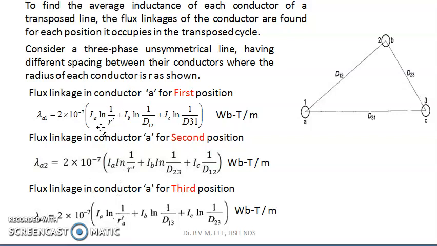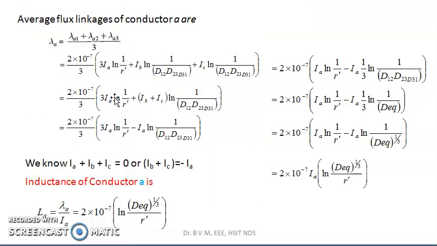We get 3 into IA log of 1 by R dash, plus IB into log of 1 divided by D12, D23, D31, plus IC log of 1 divided by D12, D23, D31.